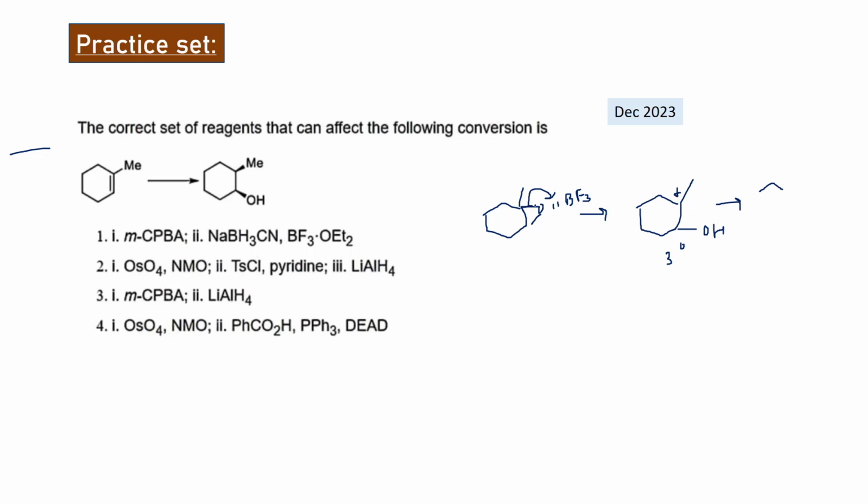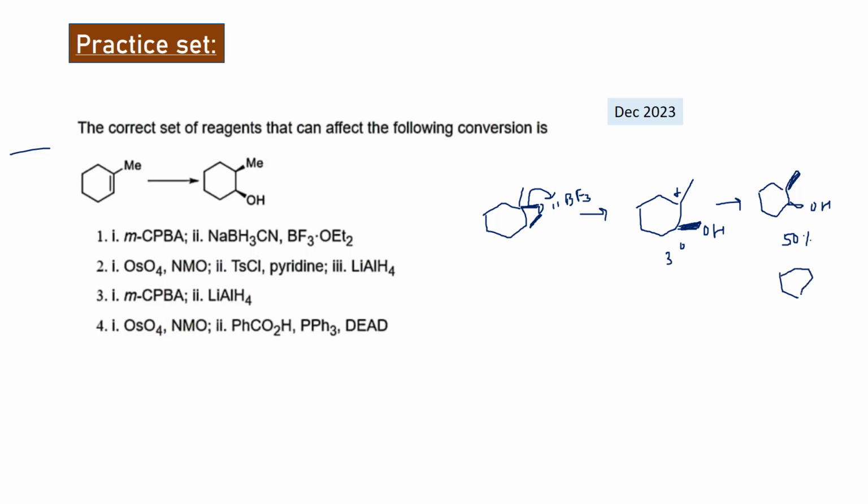Suppose this is forming from above the plane. Okay. Now, this OH will be above the plane. But in this case, when this becomes a carbocation, we get 50% of this product, 50% of this one, 50% of this one, and 50% of the anti one.